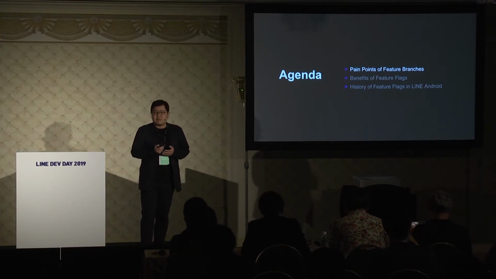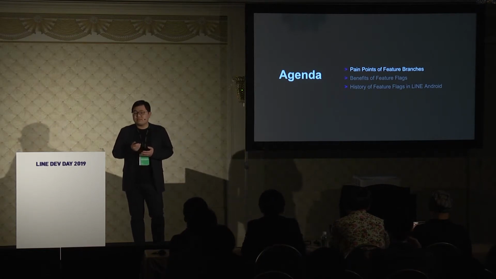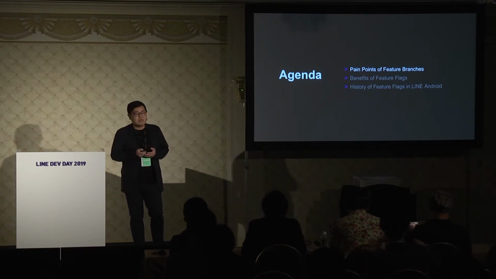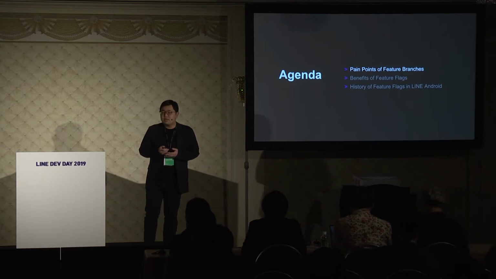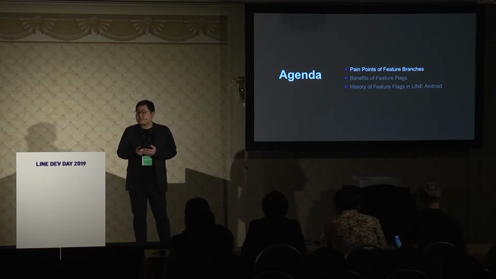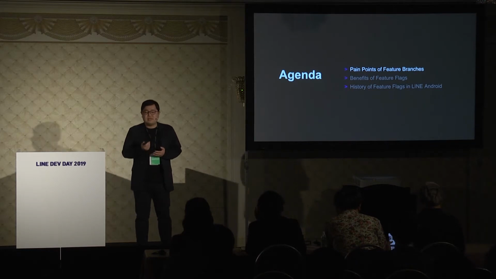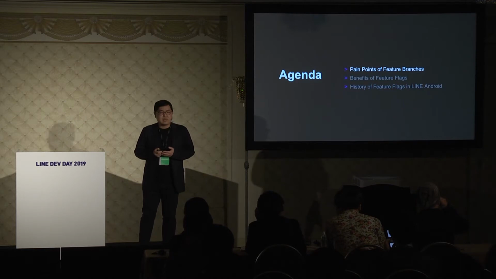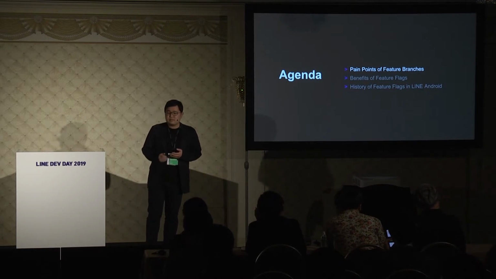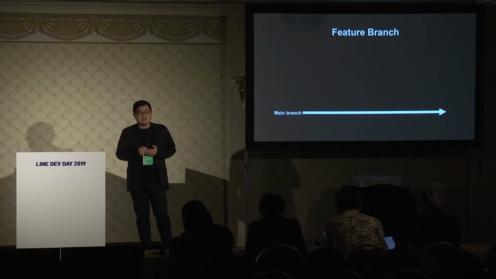Even if you don't know the feature branch, you might have used Git flow or GitHub flow, and they are actually methods that use the feature branch. So this is a very well-known development method, but why don't we use it? I would like to introduce the pain points of using feature branches.